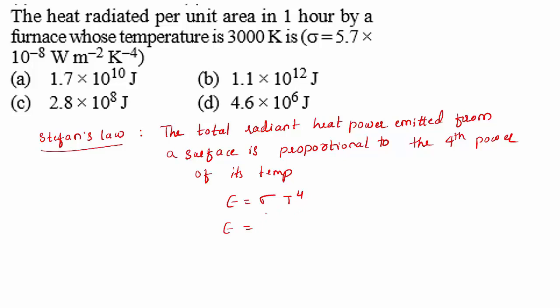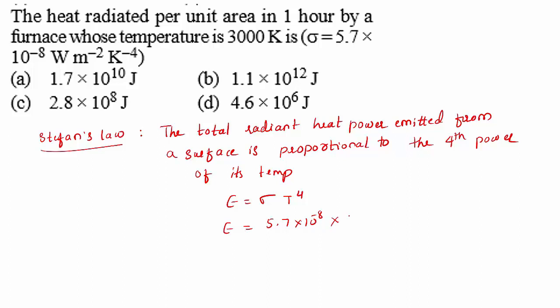E indicates the total radiant heat energy emitted from the surface, which is proportional to the fourth power of the temperature. Sigma is given 5.7 into 10 raised to minus 8 into absolute temperature. Temperature is given, that is 3000 Kelvin.